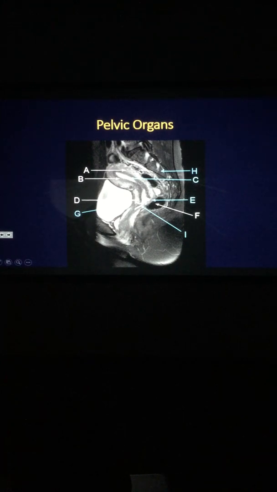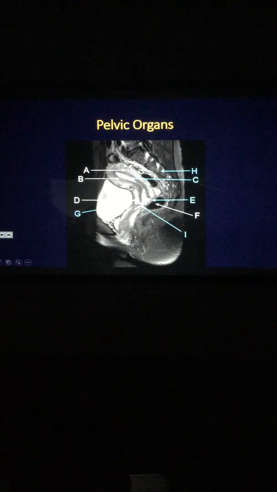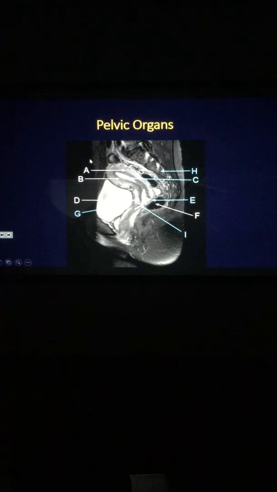Here you can see the endometrium, how beautifully it's seen. Here you can see the cervix, the urinary bladder, and the rectum. Everything is clearly seen. So whenever there is any disease, you can very clearly identify it. Normally we do MRI not for routine diagnosis. We do it when the patient has a fibroid, or when a fibroid is developing malignancy, transforming to malignancy.